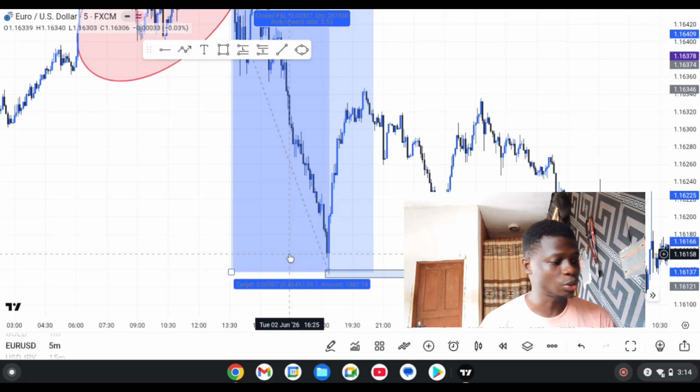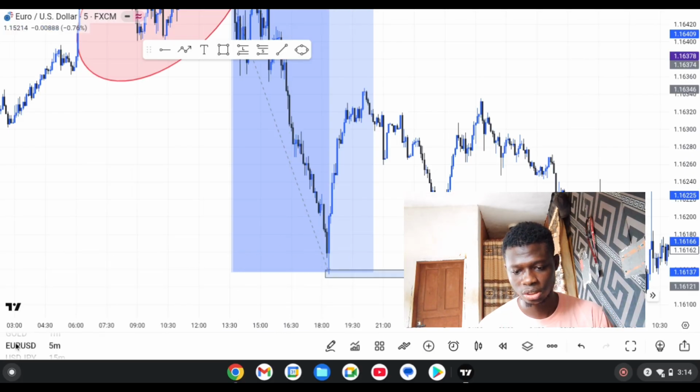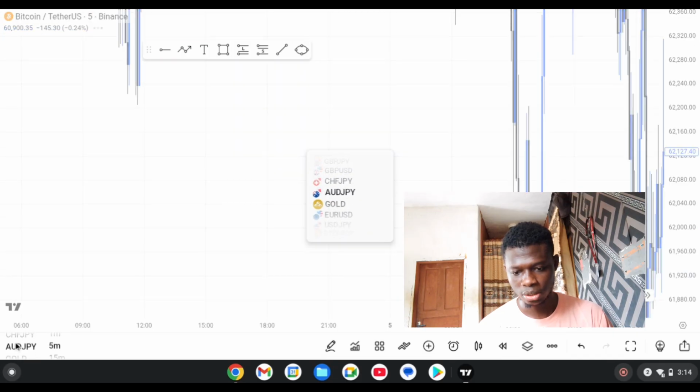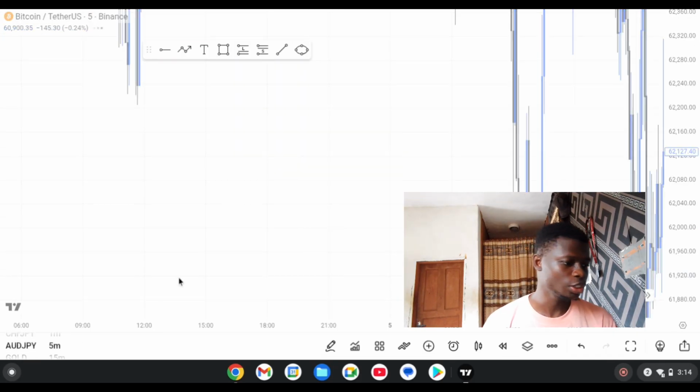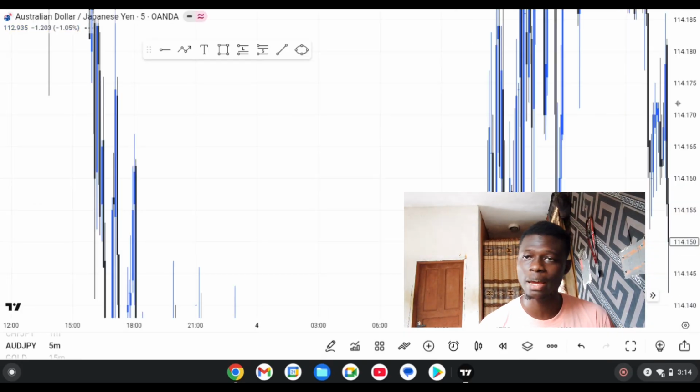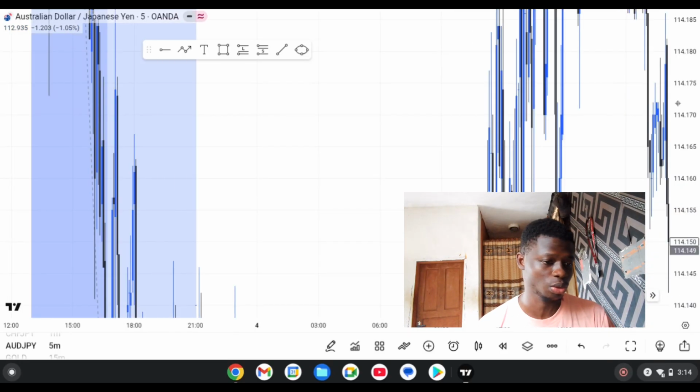So the next trade that I took was on AUD JPY. I think that was the first loss that I took, because after I passed my phase one and phase two, I became a KYC funded one trader.